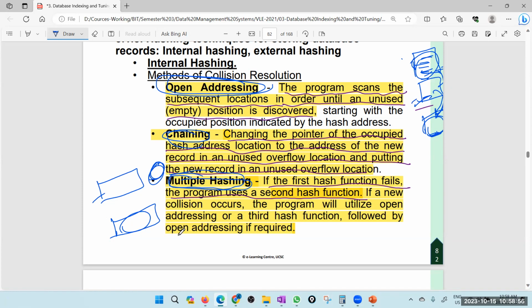But in that case, you have to keep track that we used the second approach, not the first. That is overhead. Because when you retrieve the record, you have to use the second hashing function, not the first, because the first hashing function will connect you to a different block, not where your record is.